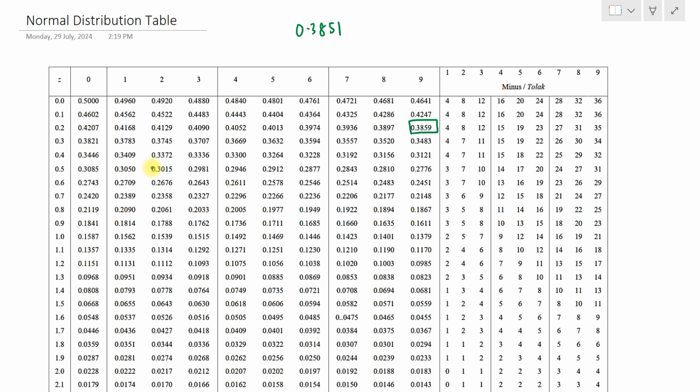To get 0.3851, how much do you need to subtract from 0.3859? We need to subtract 0.0008. Then you get 0.3851. So your 8 is here. I have marked it for you already.